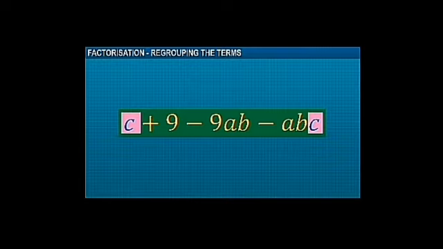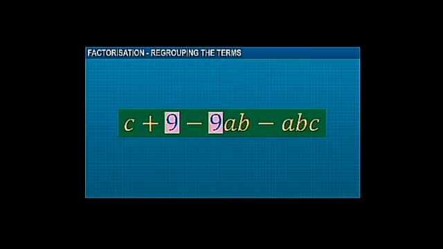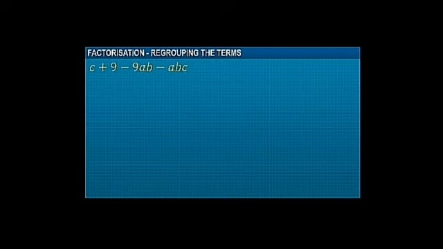The first term and the last term have the common factor c, whereas the second and third terms have the common factor 9. So we group c and minus abc, and 9 and minus 9ab. So c minus abc is one group, and 9 minus 9ab is the other group. We have regrouped the terms.